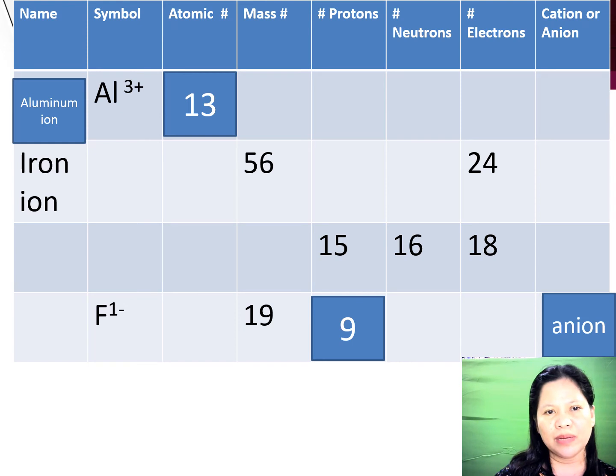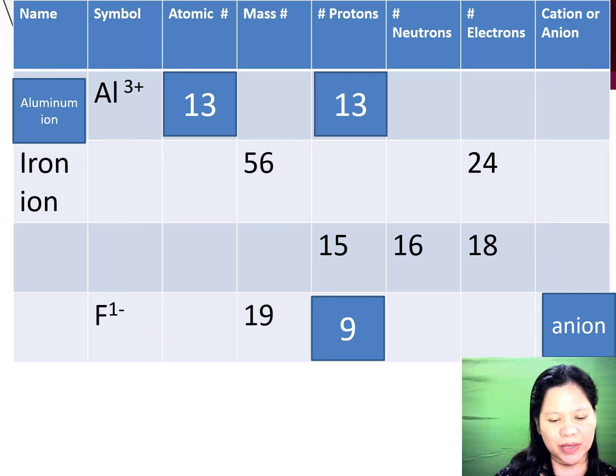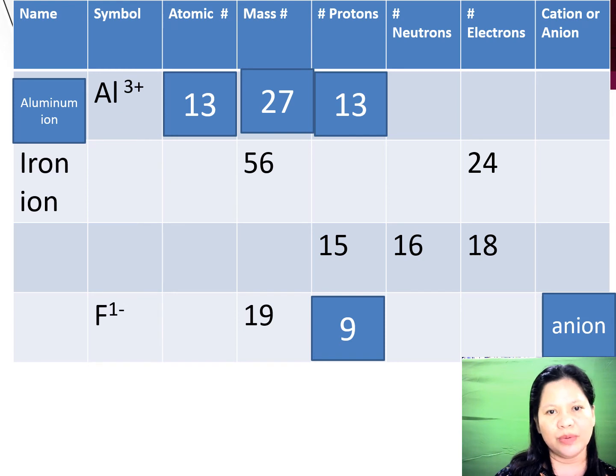So if the atomic number is 13, the number of protons is also 13. So what about the mass number? Look at your periodic table. Period 3, group number 3, aluminum. So the mass number is 27. So how do we know the number of neutrons? By simply subtracting 27 minus 13, that gives you 14.